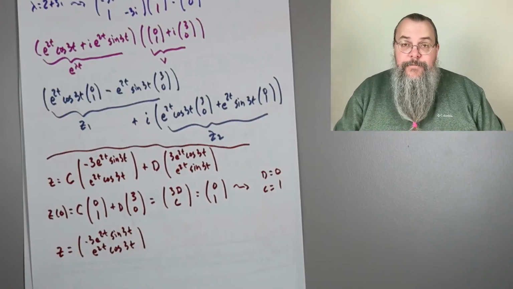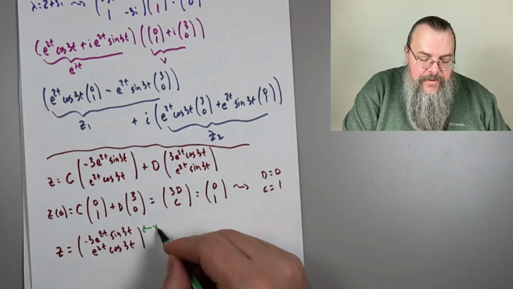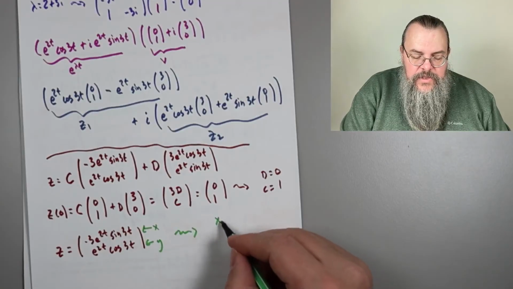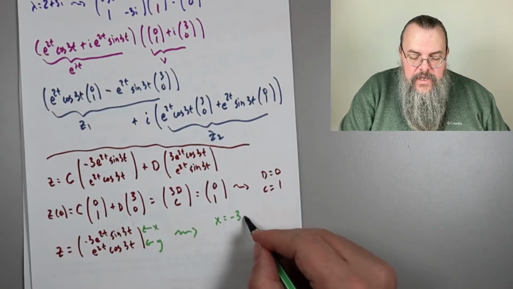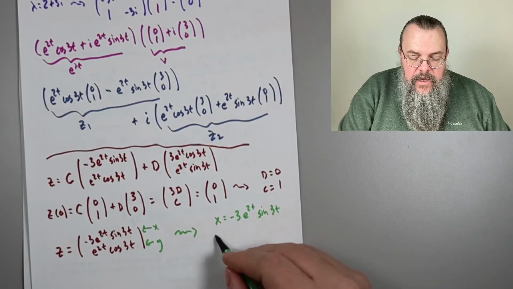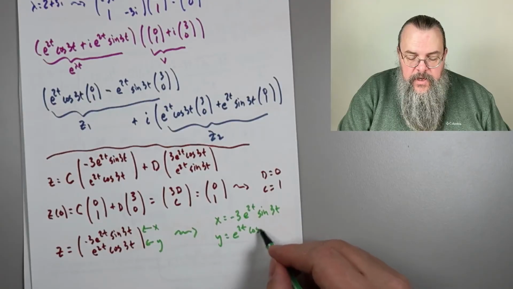So we separate like we did before. We say, all right, the first slot is our x, the second slot is our y. So this tells us that our solution looks like x is minus 3 e to the 2t sine 3t, and y is e to the 2t cosine 3t.